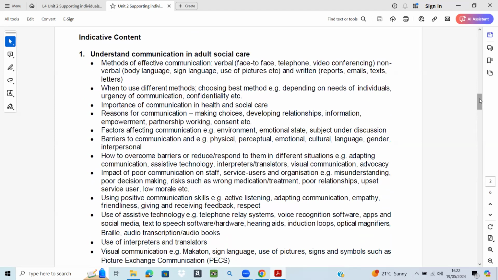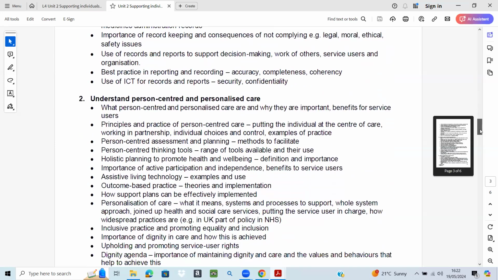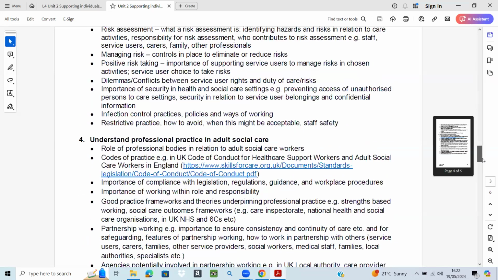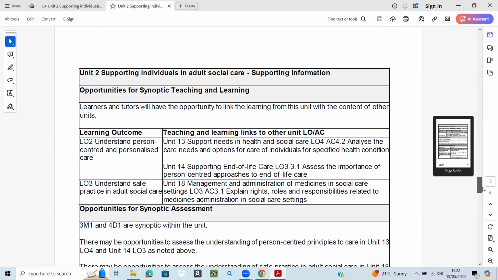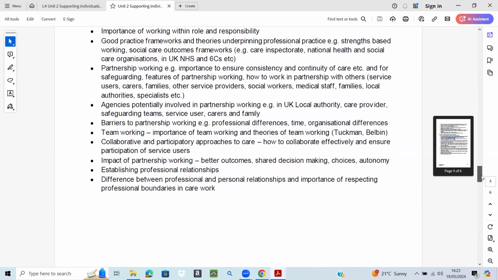These are points we should always remember. Then look, these are the indicative content for the whole unit. These bullet points are important, so keep in mind all this indicative content.